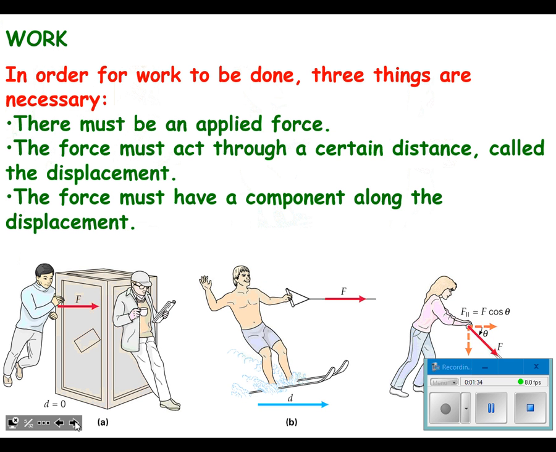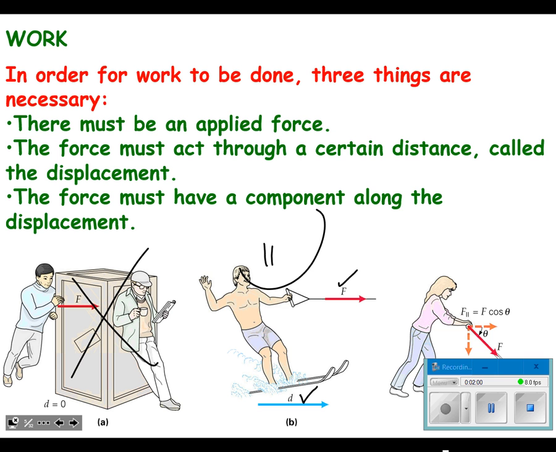So if you look at these 3 different pictures, we're just trying to determine whether work has occurred or not. In this first one, there is a force applied. The displacement is 0 though, so there's no work here. Okay, so that would be a no work. And then there is a force applied. There is a displacement, and they are both horizontal, so this is yes work.